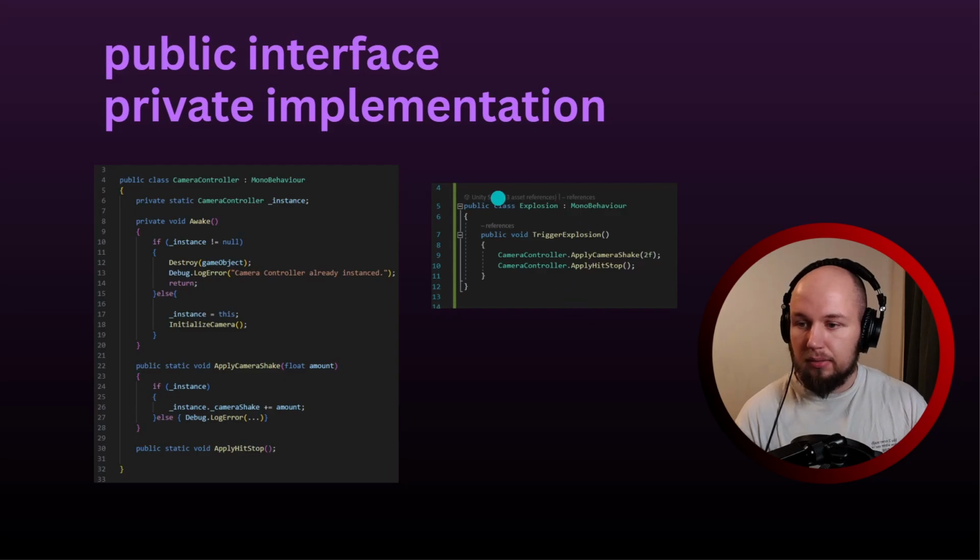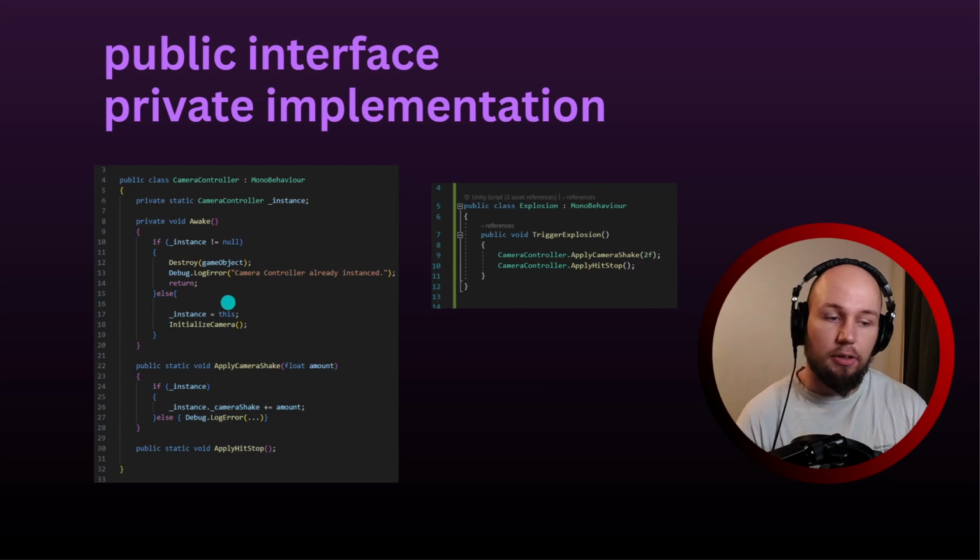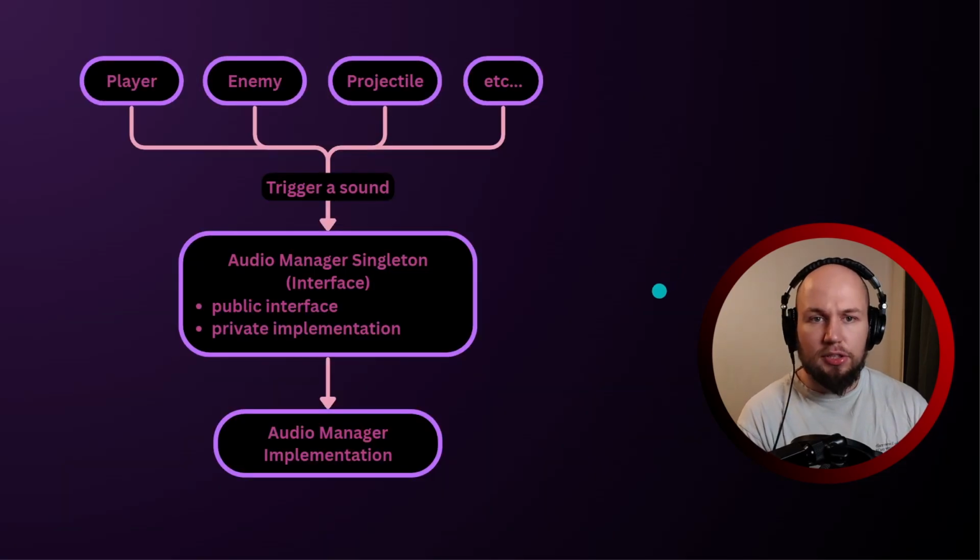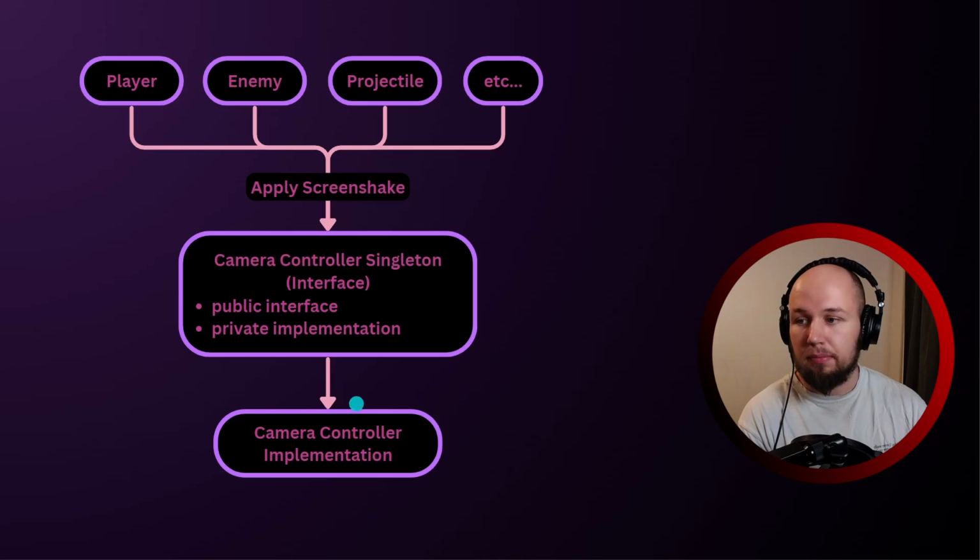So it makes writing code, like implementing features, super fast, at of course the cost of technical depth in some cases. So here's a couple examples of how I use this. Basically, all of these classes have to trigger sounds, so they call the Singleton interface, and then the Singleton interface calls the implementation.